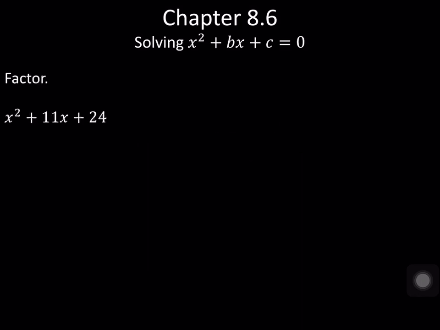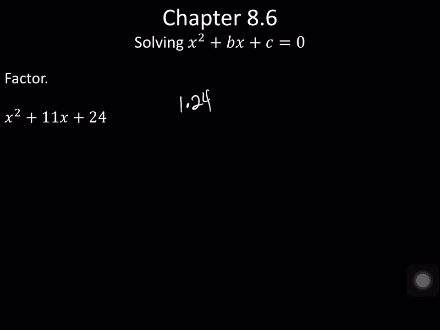So let's do one here. x squared plus 11x plus 24. I'm looking for what multiplies to give me a positive 24, and then adds together to give me a positive 11. So either you see what those numbers are already, or you just start listing all of the factors of 24. All of the things that multiply together to give me a positive 24. So 1 times 24. Now if I add those together, do I get positive 11?